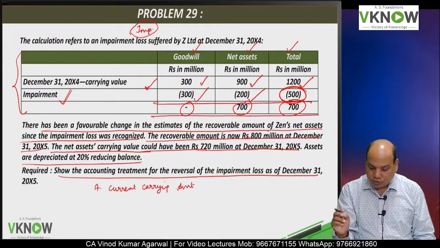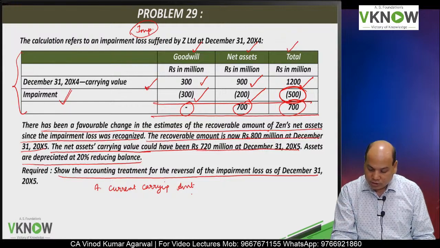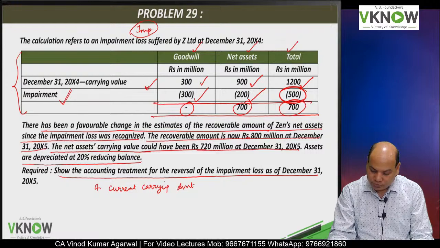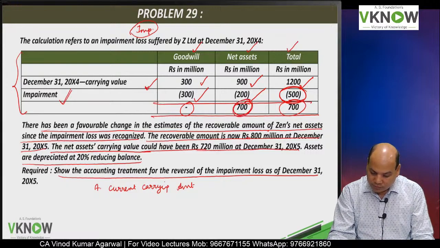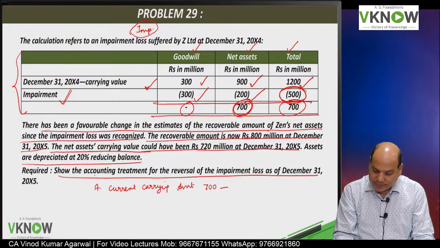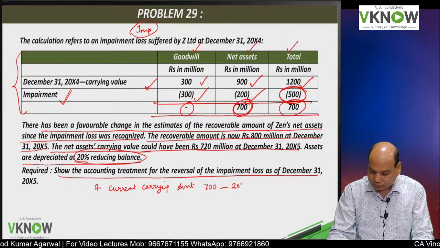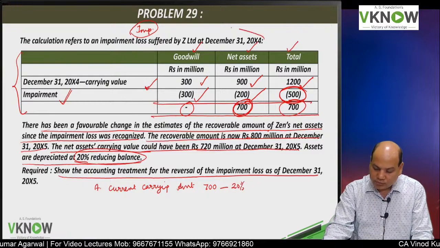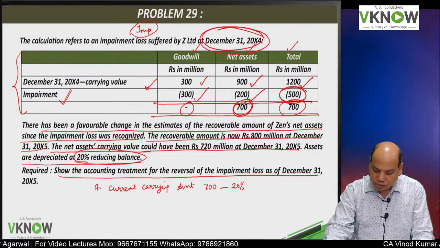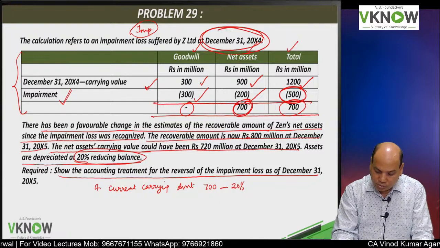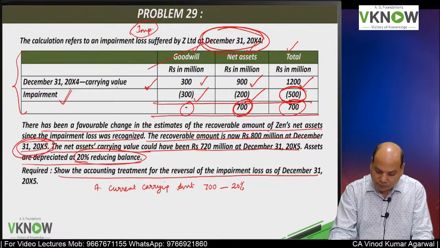The student will focus on understanding the current carrying amount. Your asset was 700 after impairment and the depreciation is 20%. How many years are over? 31st December 2004 and today is 31st December 2005.